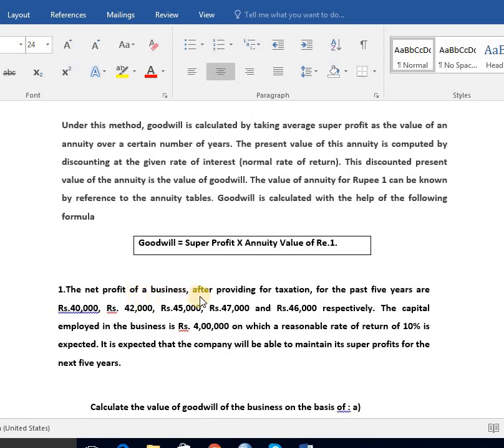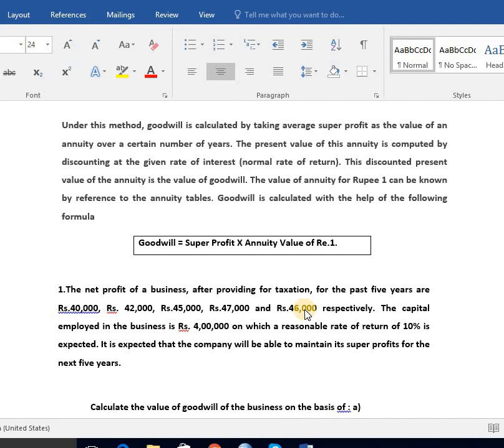The net profit of a business after providing for taxation for the past 5 years are ₹40,000, ₹42,000, ₹45,000, ₹47,000 and ₹46,000. Please observe it: 40,000, 42,000, 45,000, 47,000, 46,000. Tell me what the profit is doing. If profits fluctuate, we are adopting the simple average profit method. If profit increases every year, we are adopting the weighted average profit method.